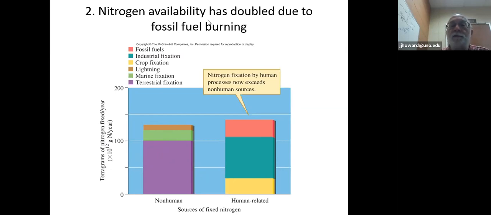And I want to point out that, get a load of this, human activities, the burning of fossil fuels, the use of nitrogen in industry and the release of nitrous oxide from industrial emissions, and the use of nitrogen as crop fertilizer has more than doubled the amount of nitrogen in the environment.